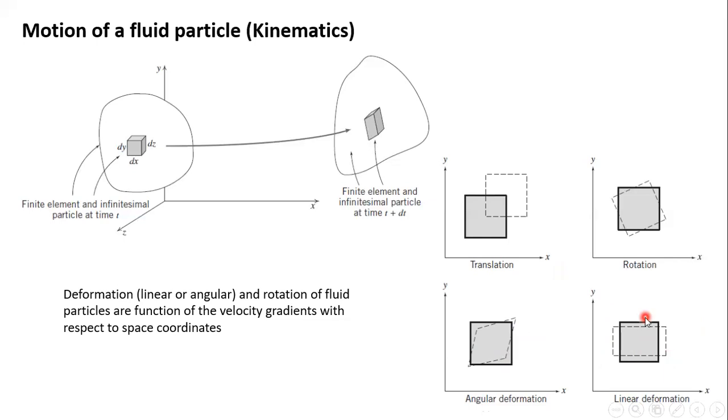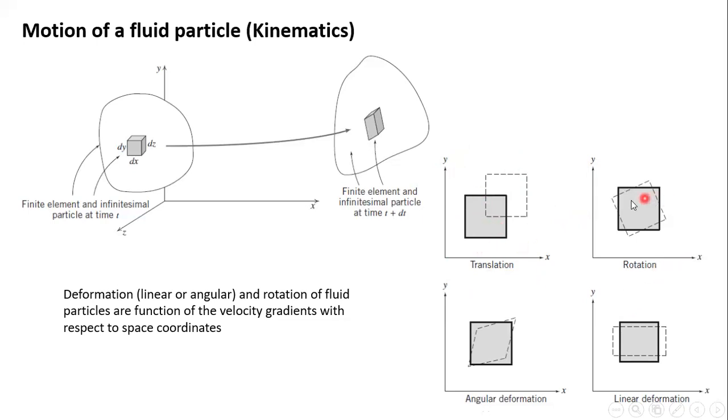Besides that, the fluid particle could just be displaced from one position to another position without having any deformation in its shape. So in this case, I'm considering only a translation of the fluid particle.